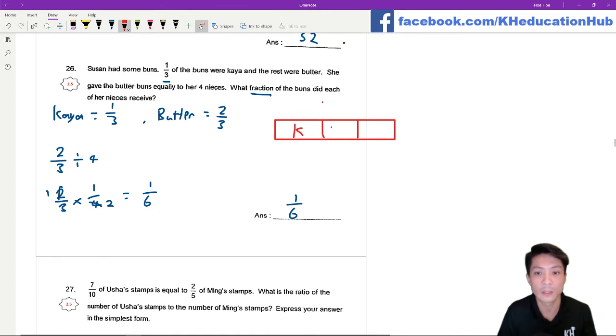This is gonna be kaya, this is butter, this is butter. And then if you're gonna divide it into 4 equal parts, right? That means it's cutting it into 4 parts, which means that over here you're gonna cut it into this also. So this is what one of them receives, which is 1/6.